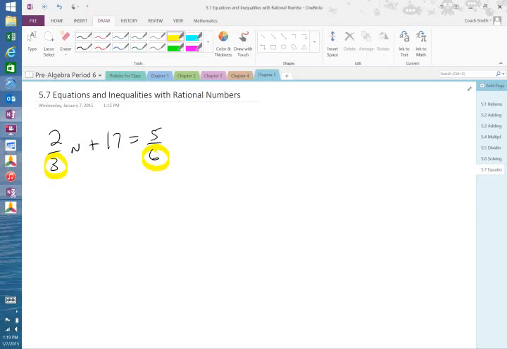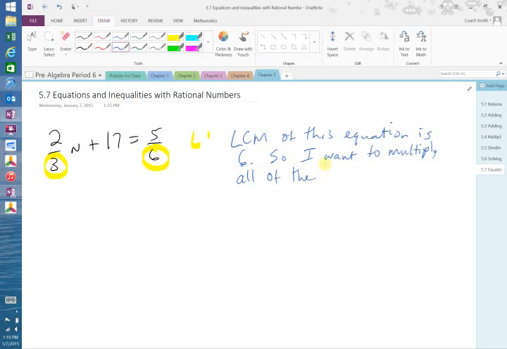So the LCM is 6, and I want to multiply all of the terms in the equation by 6.